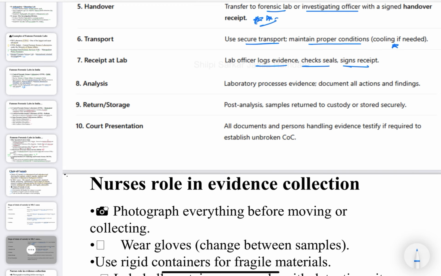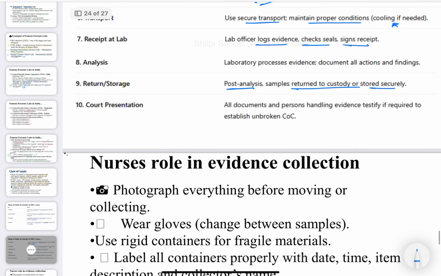After receiving the receipt, the lab analyzes all the evidence, and then storage. Post analysis, it is kept in custody or stored securely, and after that court presentation. All documents and persons handling evidence may testify if required to establish an unbroken chain of custody.